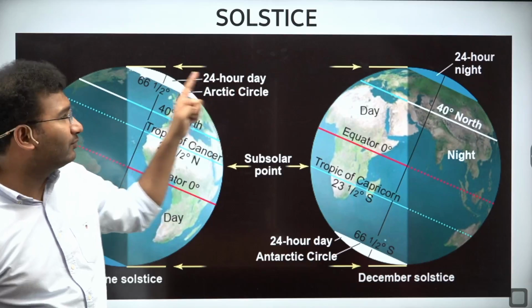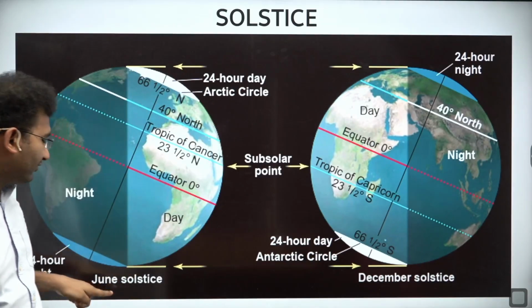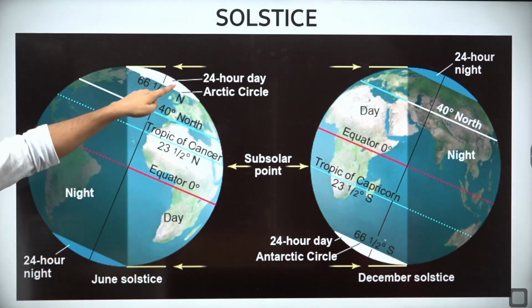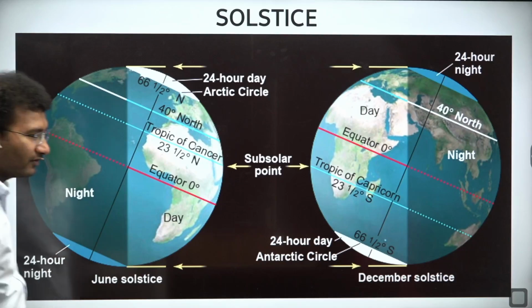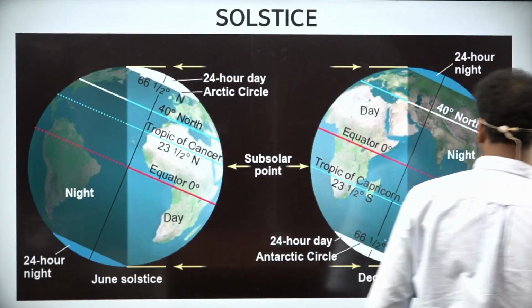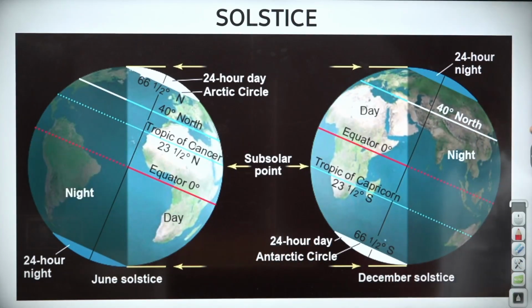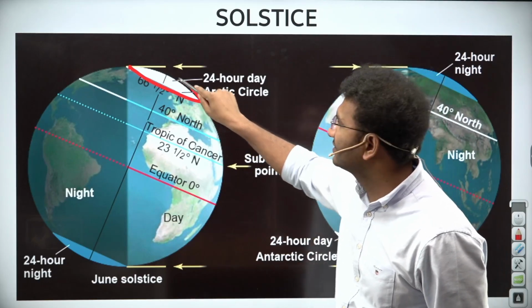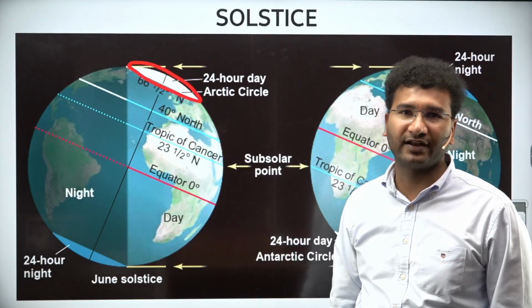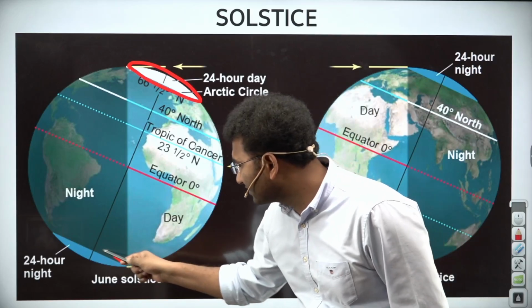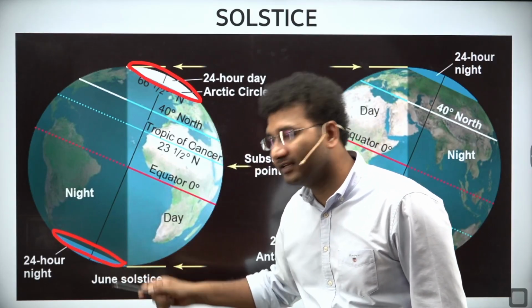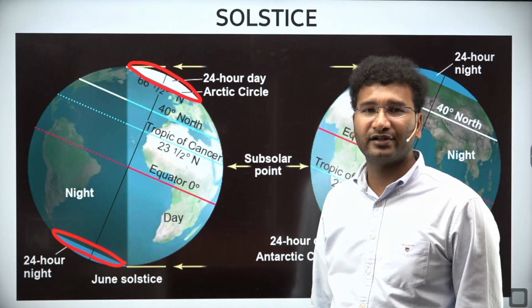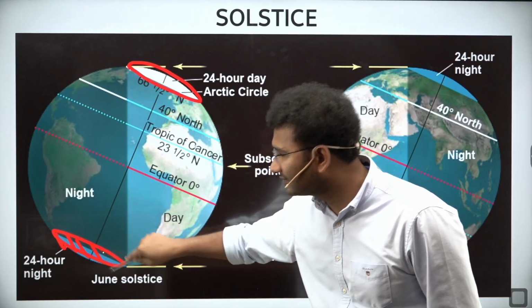But exactly the opposite you can see at the North Pole during the June solstice, the summer solstice: 24 hours of light, right? So this area is called the Arctic Circle, and this entire Arctic Circle is under the influence of light. Now this is the Antarctic Circle, and this entire Antarctic Circle is under the influence of darkness.